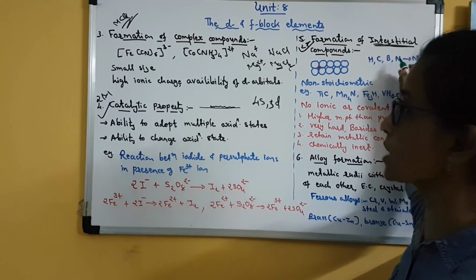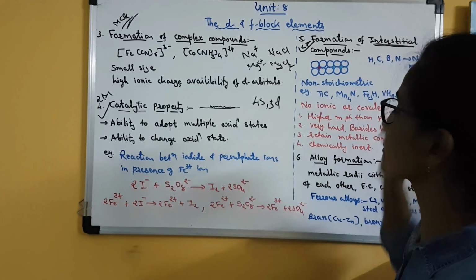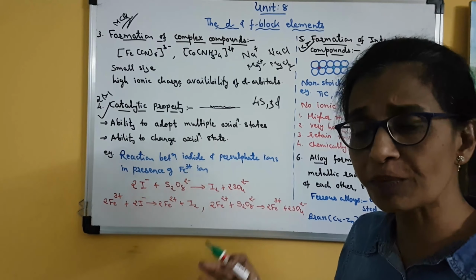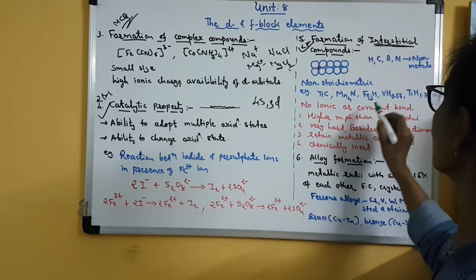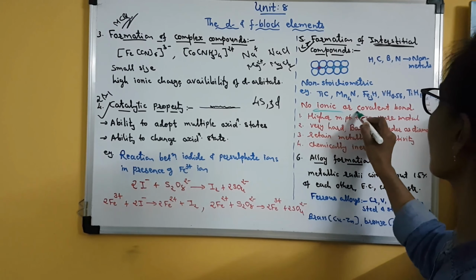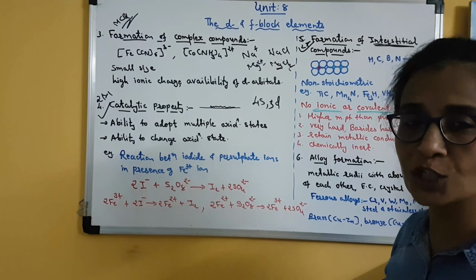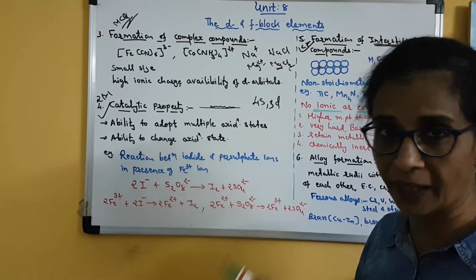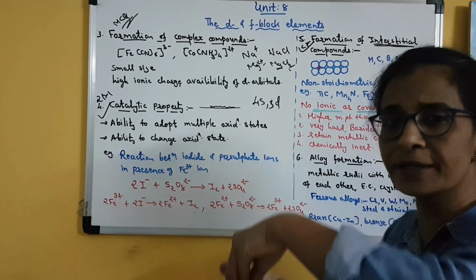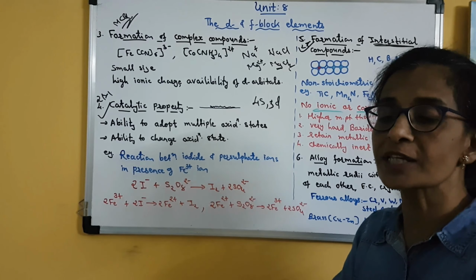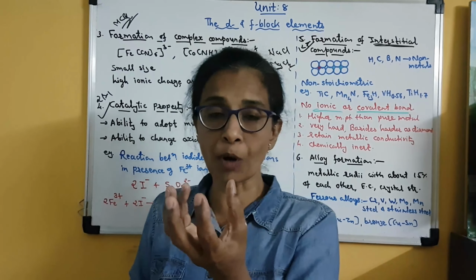they are very small in size, so they can easily enter into this interstitial space without forming any strong chemical bond. So here I have written that there is no ionic or covalent bond formation when the non-metallic element enters into the interstitial space of transition metals. Clear? So without forming any strong bond, it just enters into it. For example, in golf, the hole which is created for the ball, clear?